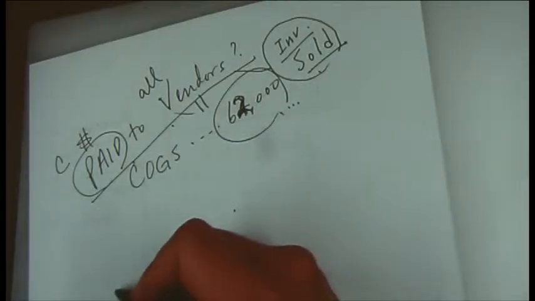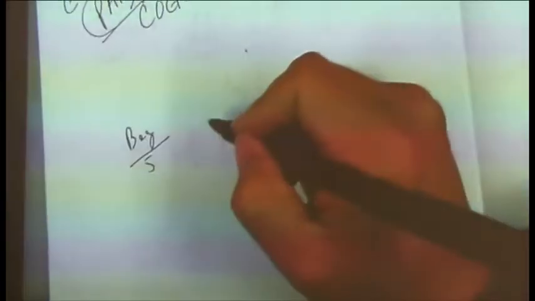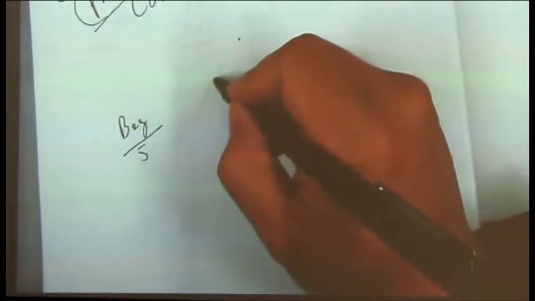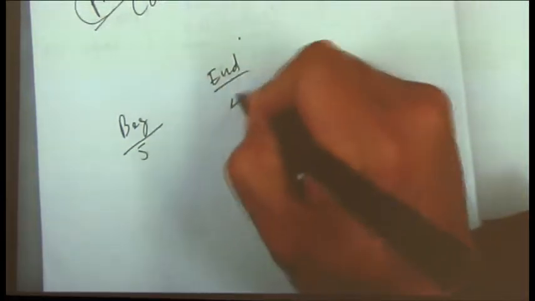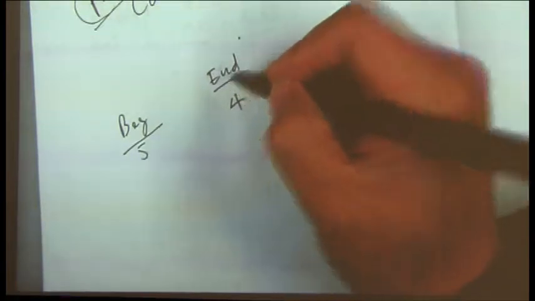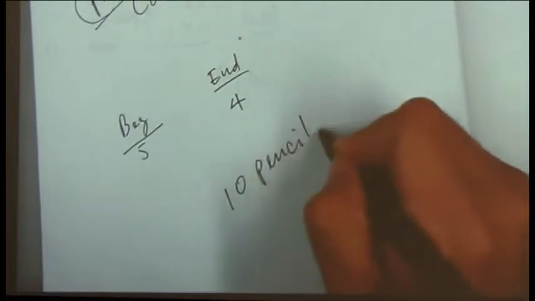Okay, let me say this. Shita is selling pencils. She had 5 pencils at the beginning. She had 4 pencils left. What is she selling? Pencils. She sold 10 pencils during the year.